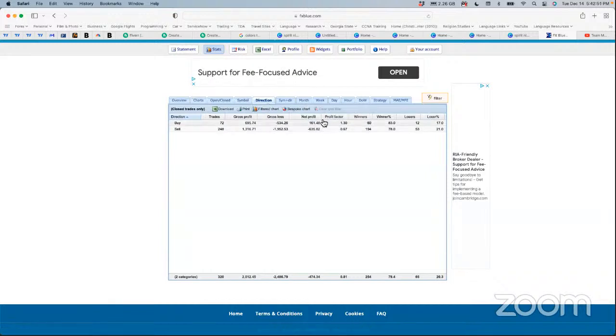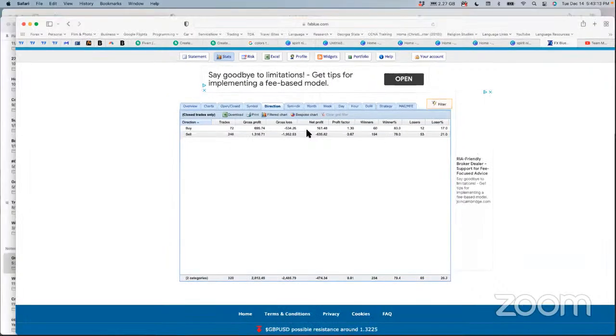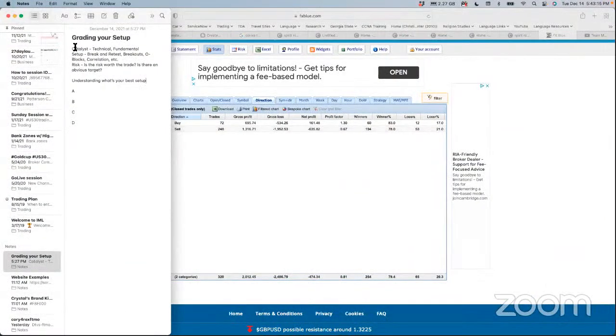Now, direction. He buys better than he sells, right? So when he's selling, he's losing the most money on his sales setups. So he needs to go back and make sure that whenever he takes a sales setup, he grades his trades better. He makes sure that his catalyst is good, his setups are followed right, his risks are worth it, and there's obvious targets, right?